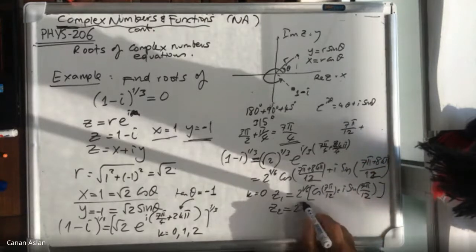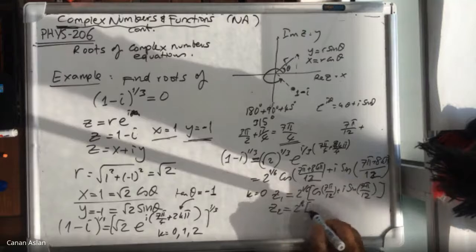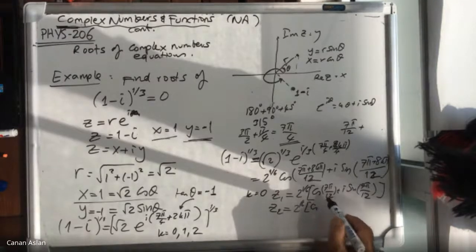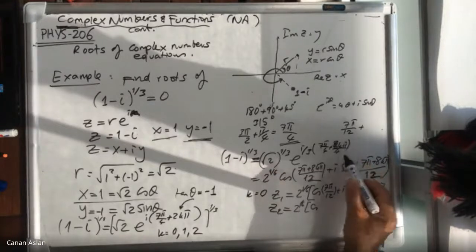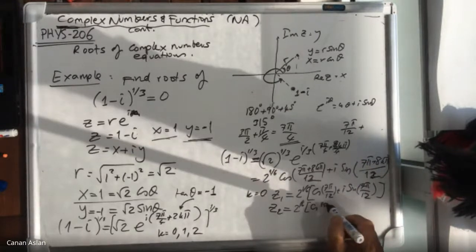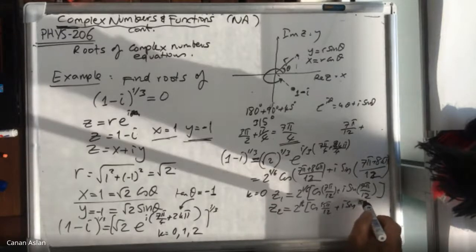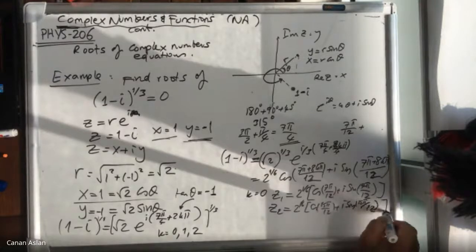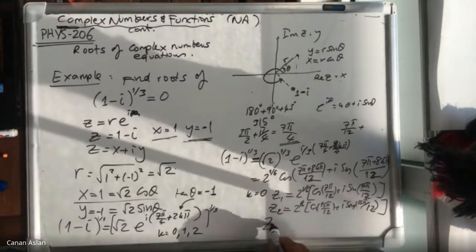So 2 to the 1/6 times cosine 15 pi over 12 plus I sine 15 pi over 12. So this is the second root, the third root being the last one.